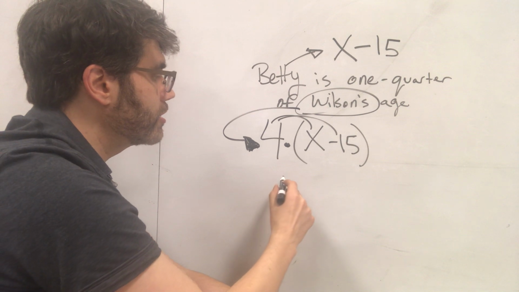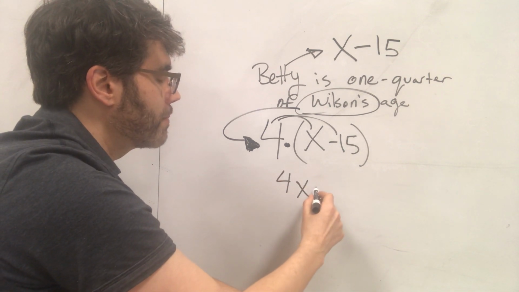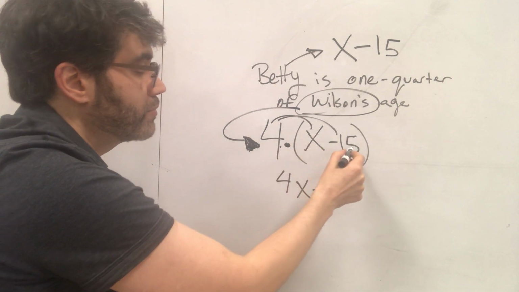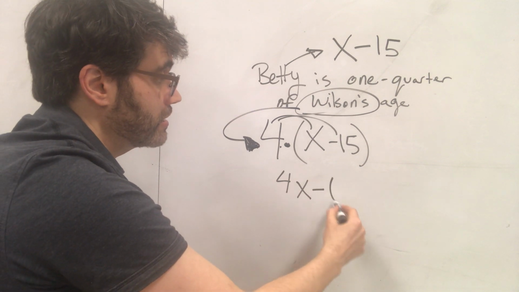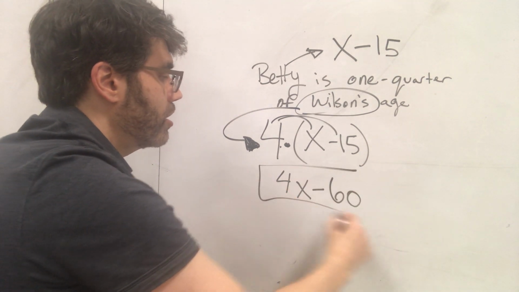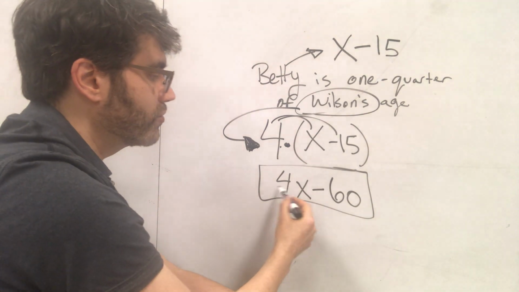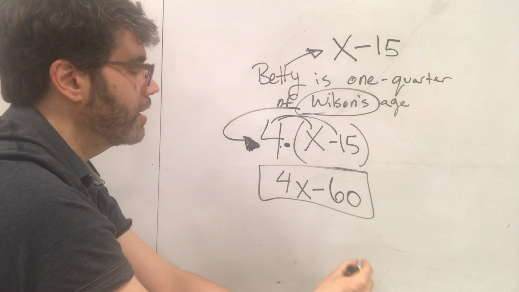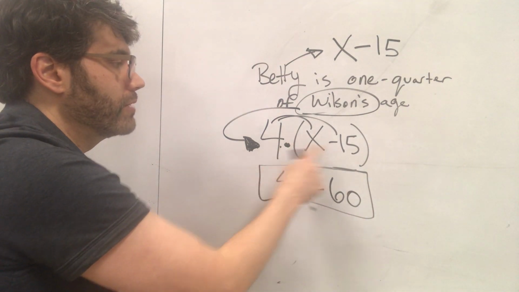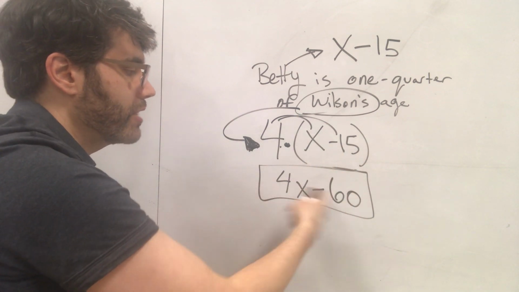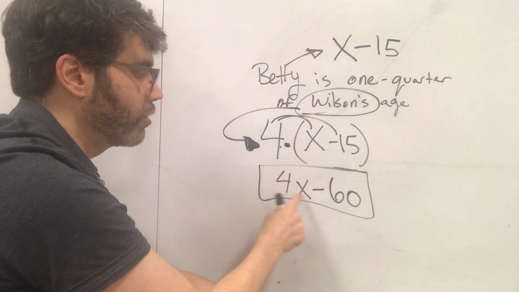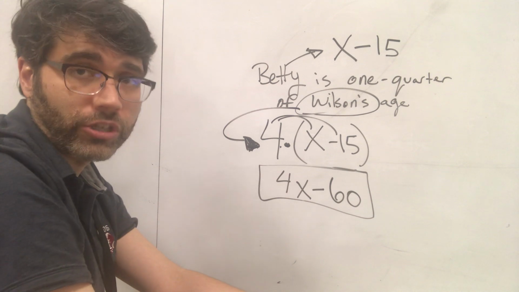So this is going to be 4x minus 4 times 15 is 60. So Wilson's current age is 4x minus 60. Okay? I suppose you could leave it in this form as well, but I think this is a better, more simplified form. So 4x minus 60 is Wilson's current age.